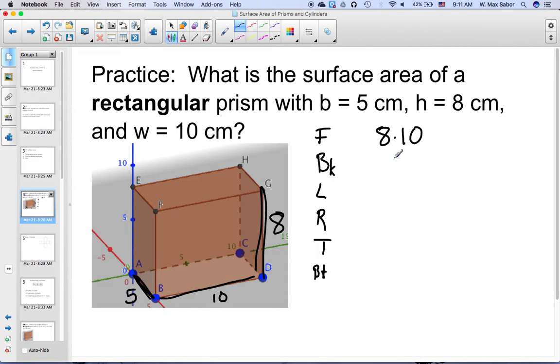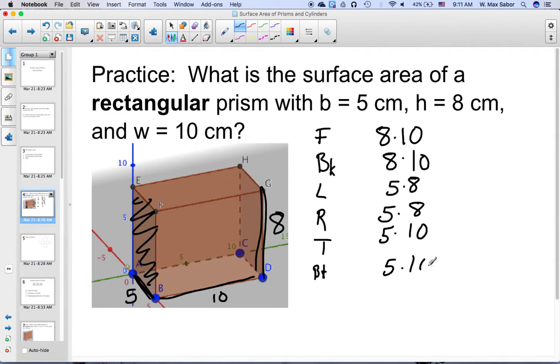The back is also 8 by 10. The left is 5 by 8, and so is the right. The top is 5 by 10, and the bottom is also 5 by 10.